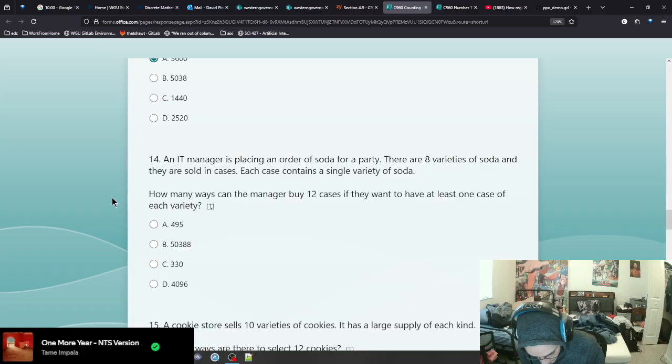I'm pretty sure this is 8 choose 4. 8 combination 4 is 70, so that can't be right. Wait, so 12 minus 8 is 4. There's 8 varieties, we're choosing 4. Is it permutation? No. No.